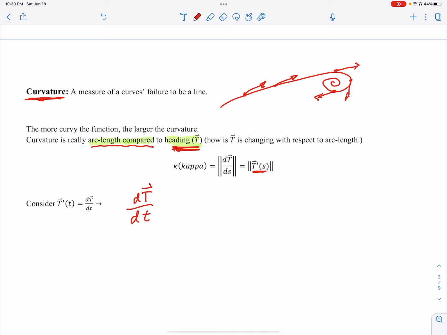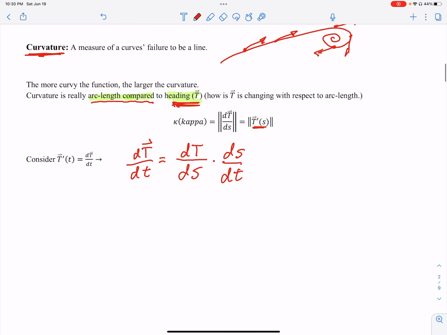We have the derivative, big T, the change in big T over little t, and then we're going to use something here. It's like a chain rule. It's not that they cancel, but it looks like they cancel. You talk about this in Calc 1 and 2, but we can write it like that, right? If I write it like this, now I can solve for dT/ds, right?